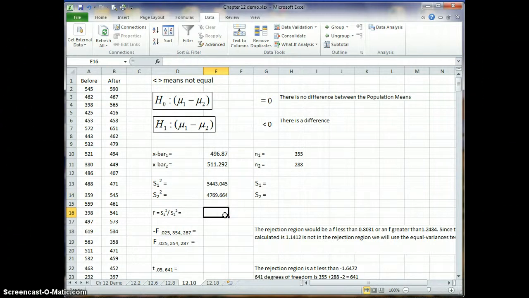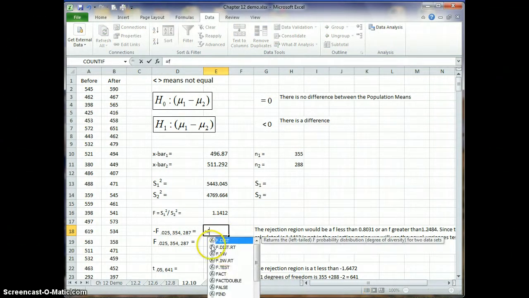Now we can calculate the F statistic, the F test. It's the first variance divided by the second, which gives us 1.14. And now what we want to do is calculate the rejection region using the F inverse function, equals F.INV.